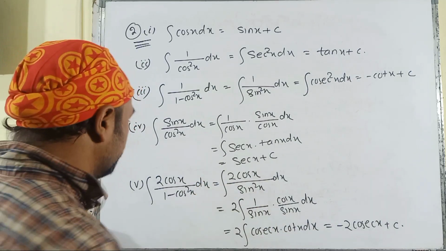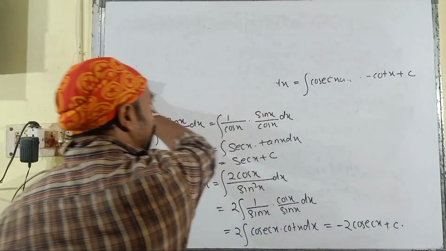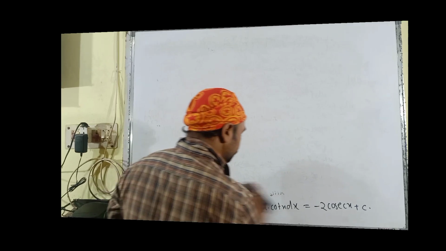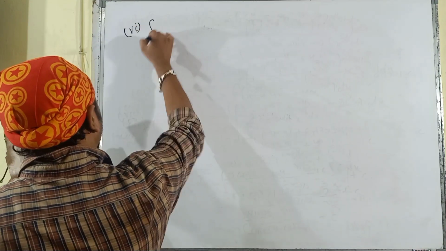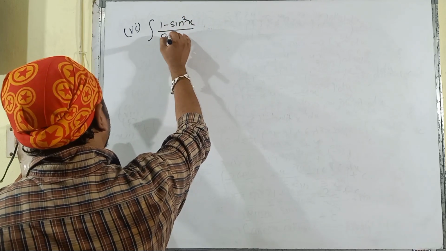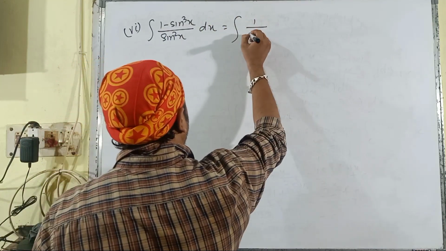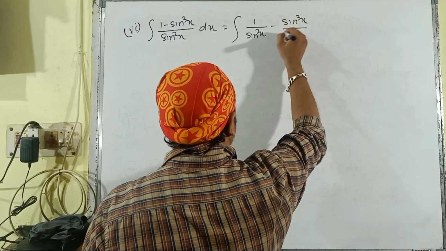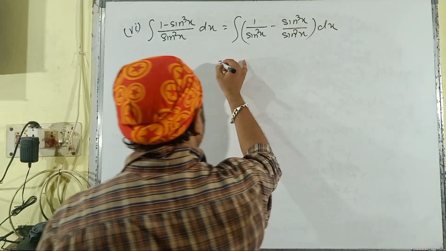Then moving to the sixth bit. So here it is the sixth bit, integral of 1 minus sin cube x divided by sin square x. It will be 1 upon sin square x minus sin cube x divided by sin square x dx.